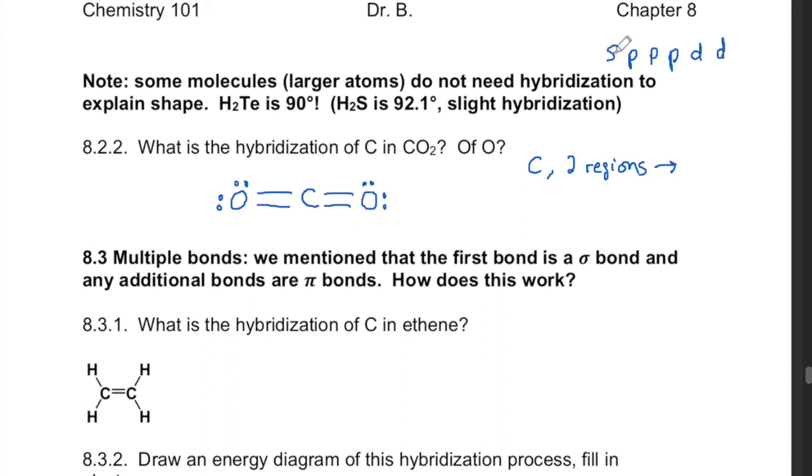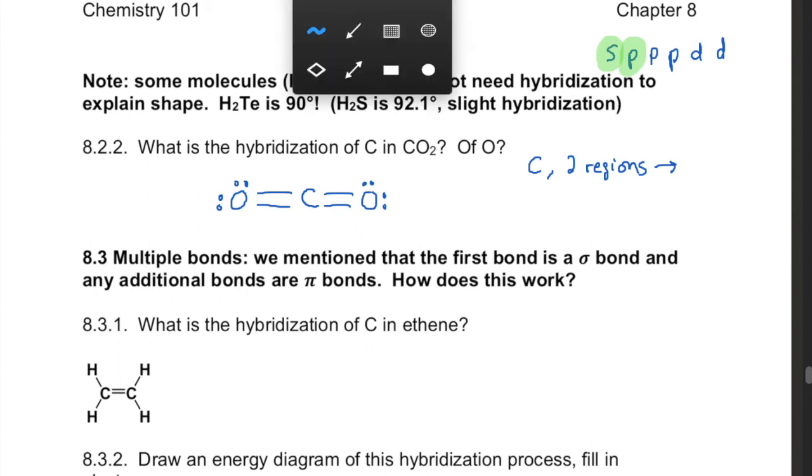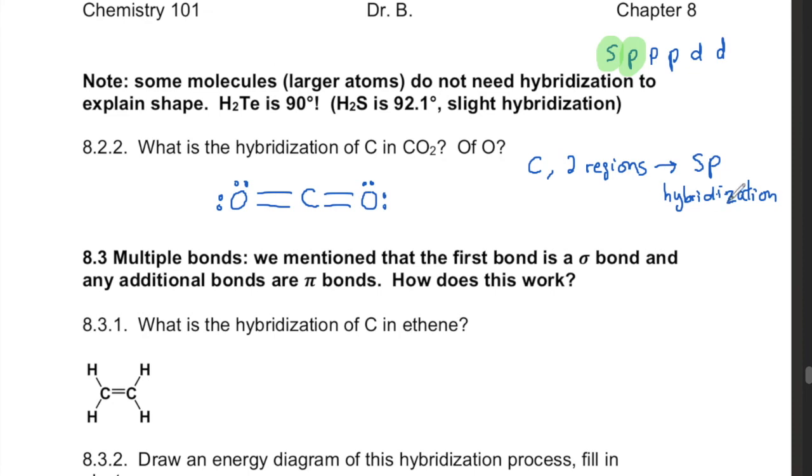So remember, if you need two regions, we're going to use an S and a P to form hybrid orbitals. So this carbon is undergoing sp hybridization, and that's what lets it hold these two regions in a linear shape. The groups are 180 degrees apart.